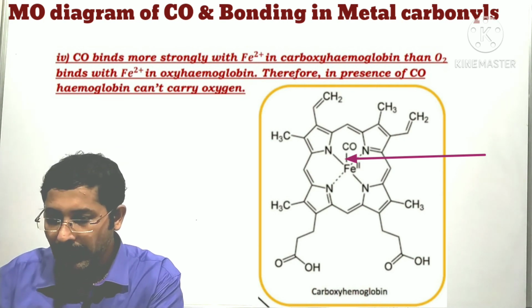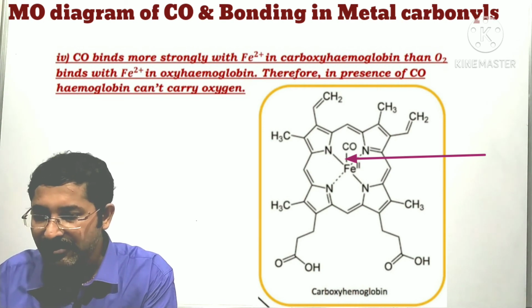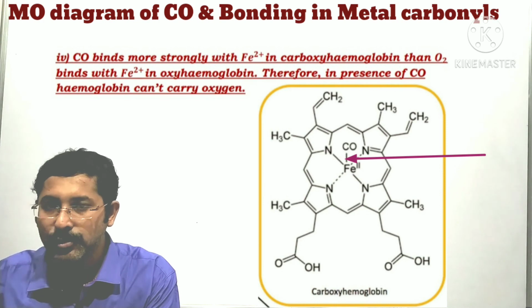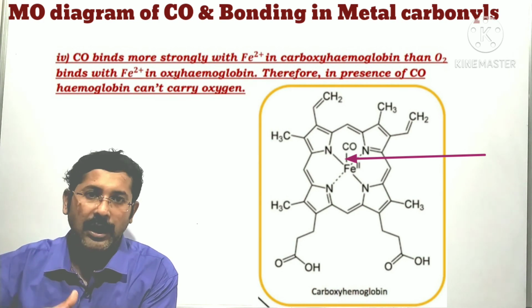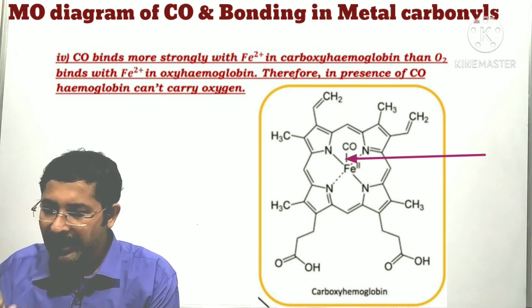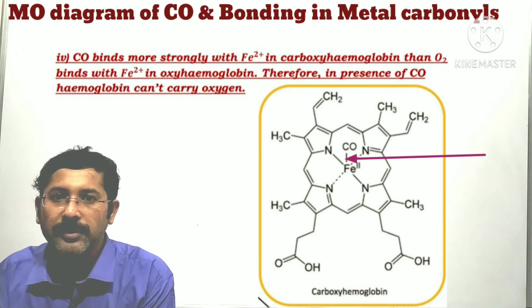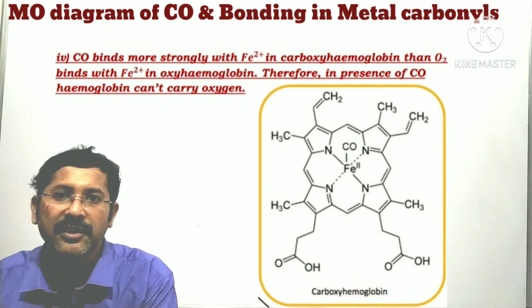This carbon metal bond acquires double bond character, and this is a very strong bond in comparison to the bond formed between iron and oxygen. So when carbon monoxide binds with hemoglobin to form carboxyhemoglobin, oxygen carrying will be hindered, will be resisted.